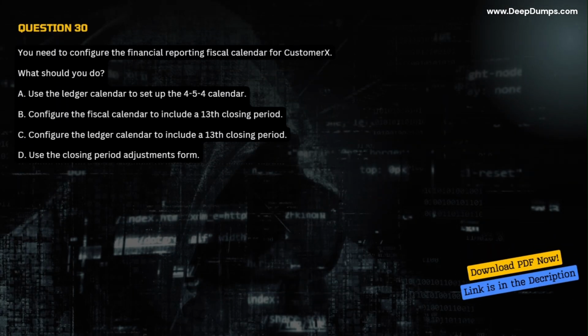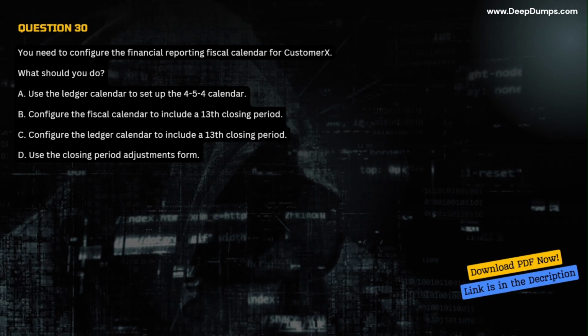Question 30. You need to configure the financial reporting fiscal calendar for customer X. What should you do? A. Use the ledger calendar to set up the 454 calendar. B. Configure the fiscal calendar to include a 13th closing period. C. Configure the ledger calendar to include a 13th closing period.